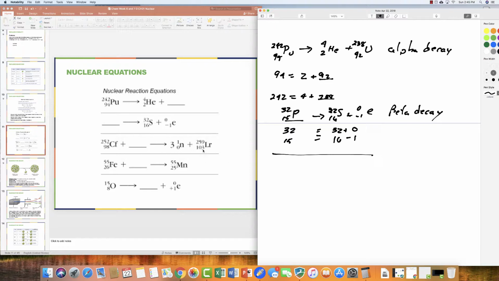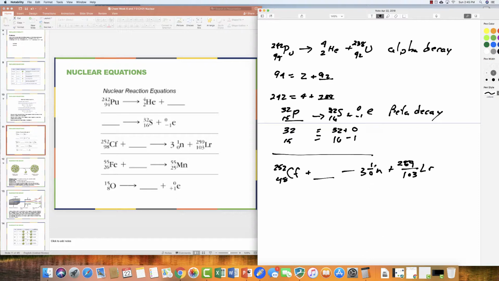So let's take a look at this one right here. You have californium-252, 98, plus something forms 3 neutrons plus lawrencium-259, 103.